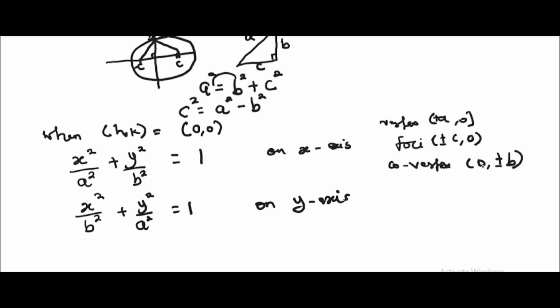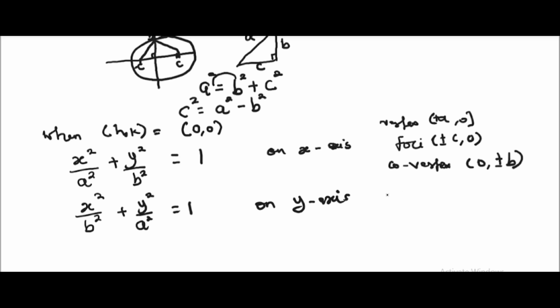Now remember, we have this plus or minus because this is an ellipse. It cuts the axis on both sides. If it doesn't cut on both sides, you have either a negative or a positive, depending on which side it cuts the axis.